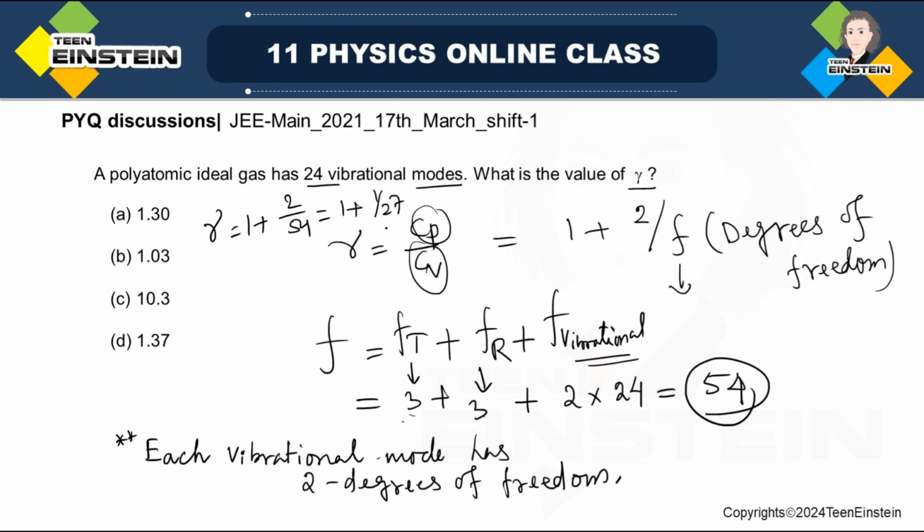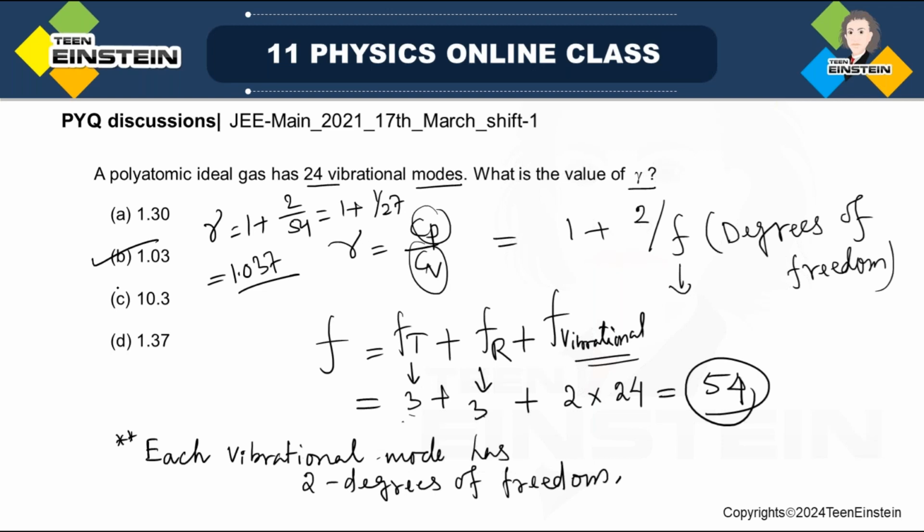If you find the decimal value of 1 over 27, that will give you nearly 1.037. I have to take the nearest possible option here, so option B will be the correct answer, 1.03.